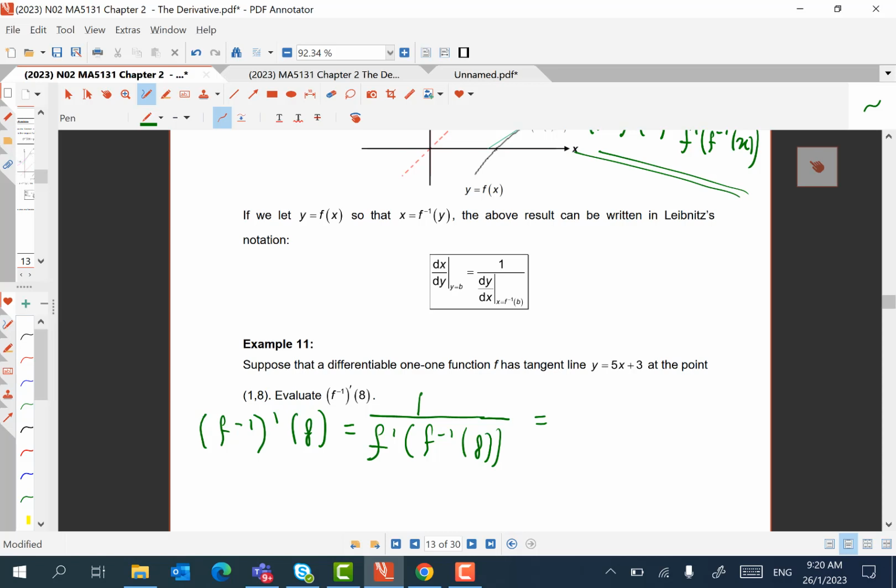Viresh, what is f inverse 8 equal to in this case? Look at this one. This point tells you that f of 1 is 8. Therefore f inverse 8 is 1.